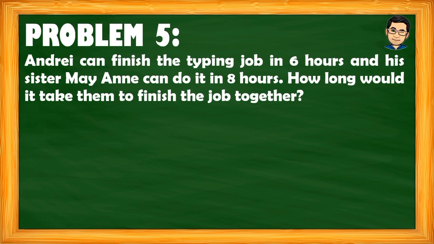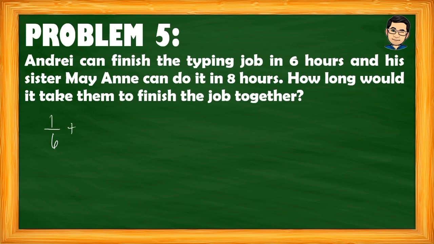So, since dalawa yung magtatrabaho, so mapapadali yung trabaho, mapapabilis. So, ibig sabihin, mas konti yung oras. So, hindi tayo makakakuha dito ng more than 6 hours o kaya naman 8 hours. Less than 6 hours tayo dito. So, yung solusyon natin, 1/6, ito yung kay Andre.